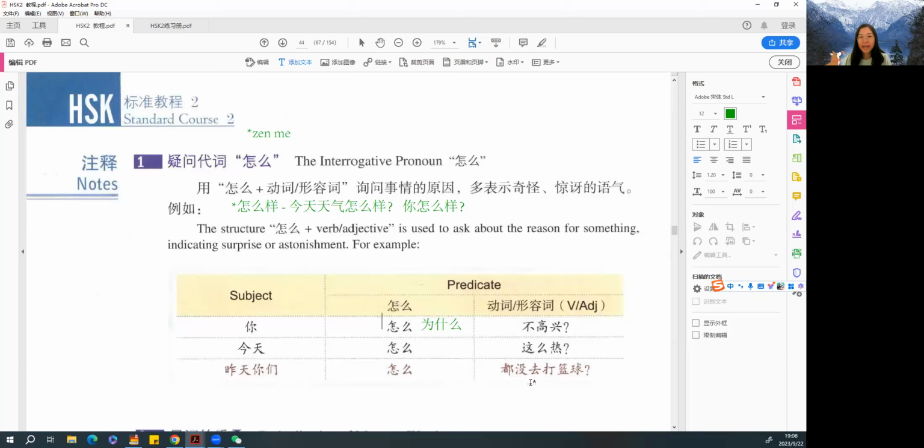Here 没 is representing a negative expression. 去 is go. 打篮球, play basketball, correct? So here is why didn't you play basketball yesterday?